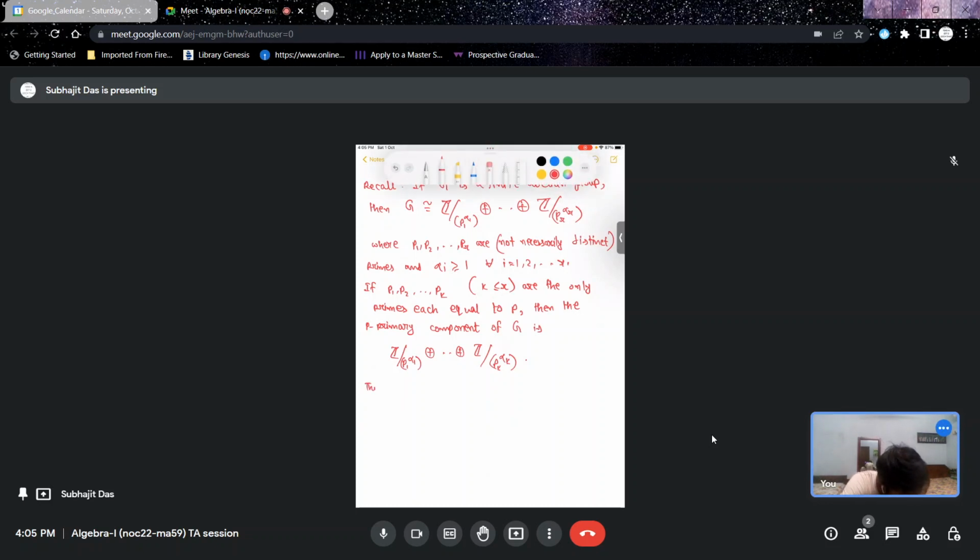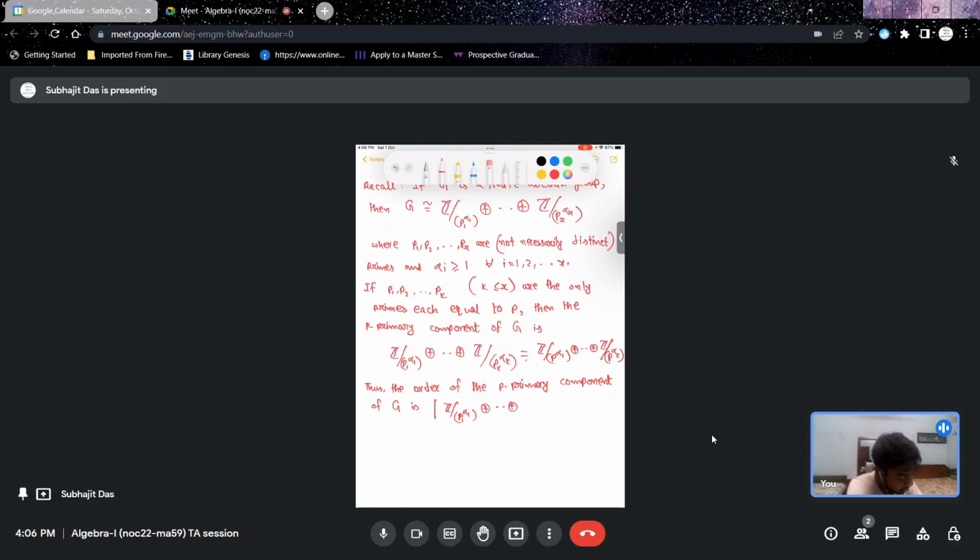So thus the order of the p primary component of G is the order of Z mod p to the power alpha 1 direct sum ... direct sum Z mod p to the power alpha k, that is, all these primes are equal to p.